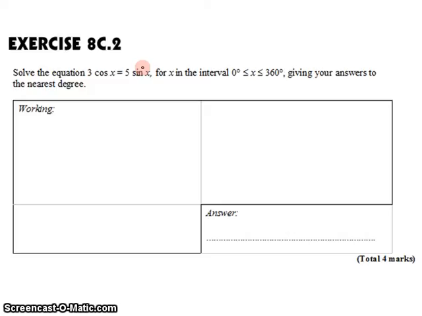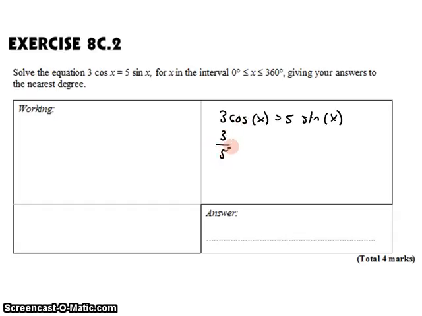So we need to somehow eliminate the cosine and the sine to simplify this equation. Let's start with 3 cosine of x equals 5 sine of x. I'm going to divide the 5 to the other side and divide the cosine to the other side to get cosine and sine together.